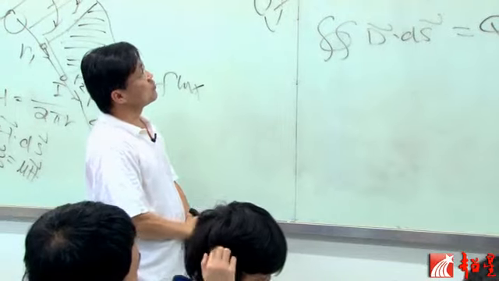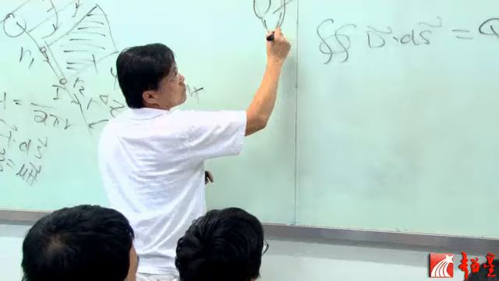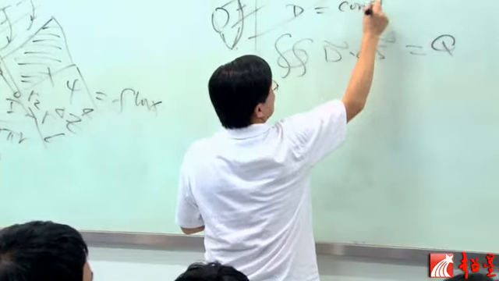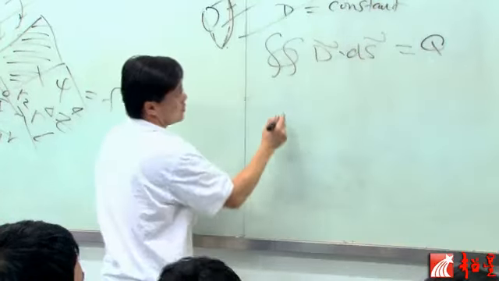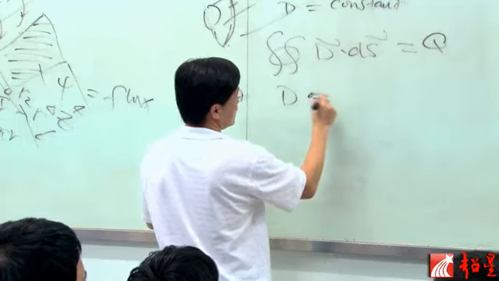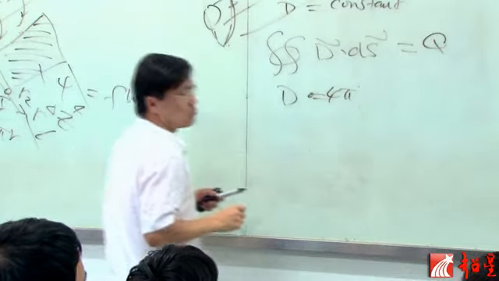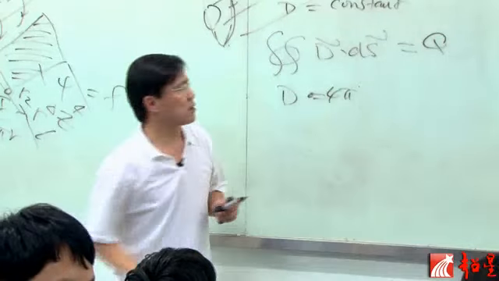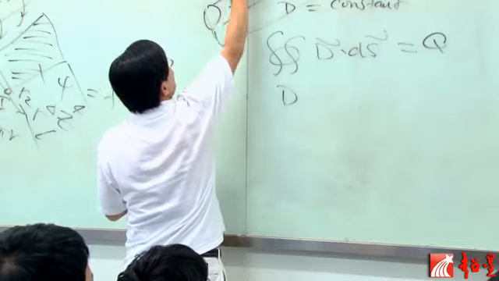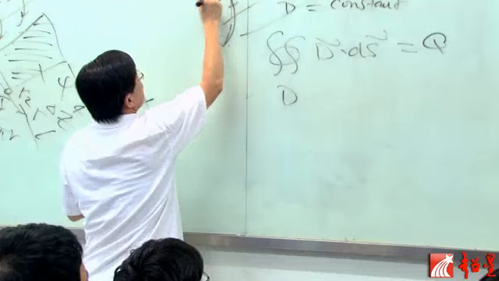And then we assume D on this surface is constant. Then we can take D out of this equation. So D times 2 pi r, this is r.